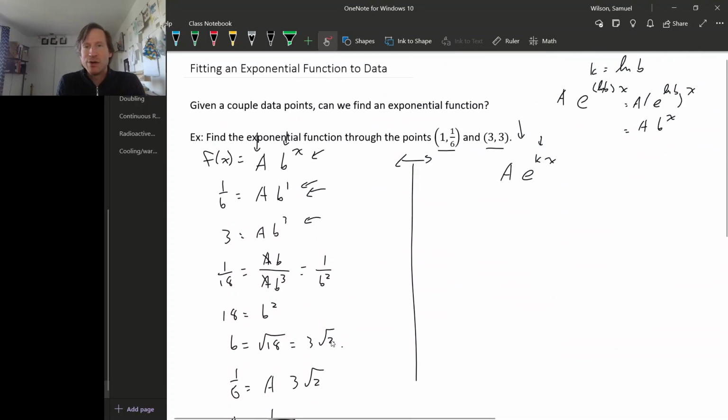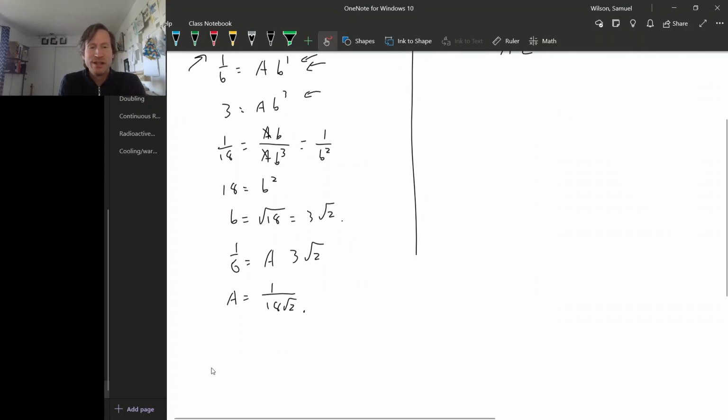All right, and now we know a and b, so we can use these to write down the formula for our function. So f of x is a, which is 1/(18√2), times b to the x, and b is 3√2, to the x. Okay, so there's our function.